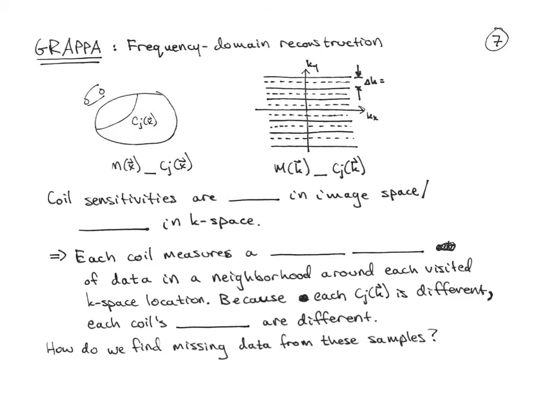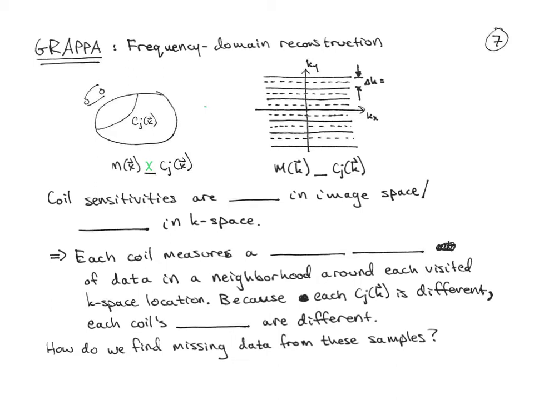So in the image domain, as we've shown before, we have a coil that's sitting next to the body, and that coil has a receive sensitivity associated with it. And in the image domain, the signal that we get from that coil, or the image that we would get from that coil, is equal to the underlying signal from the body times that coil sensitivity.